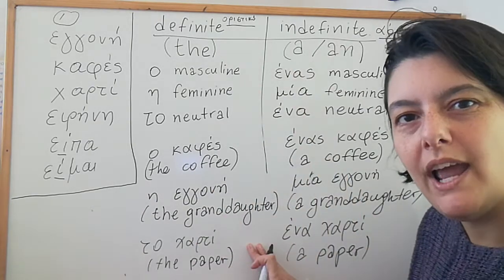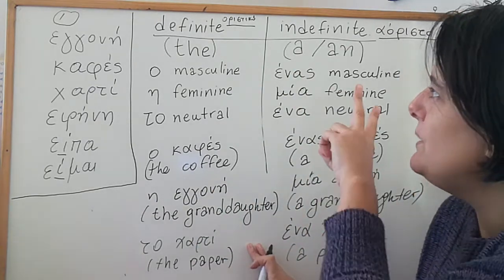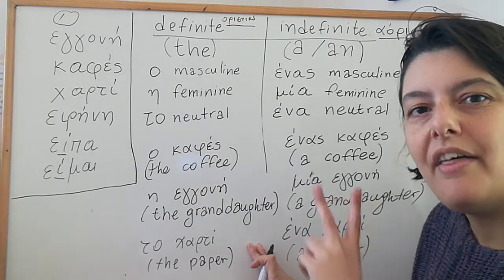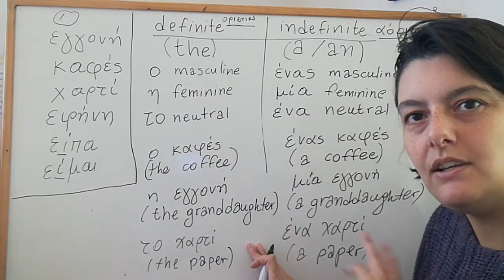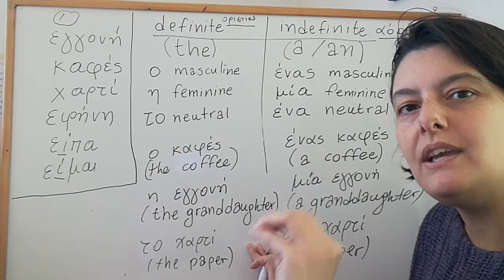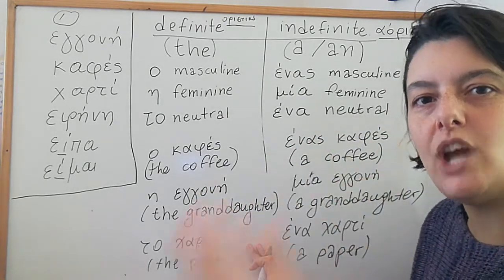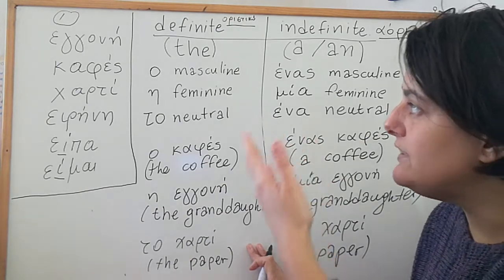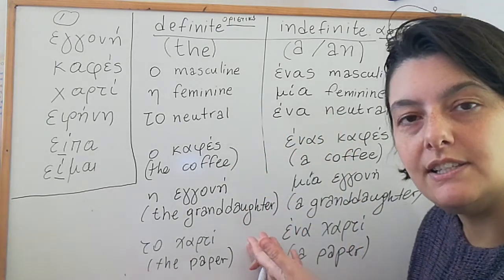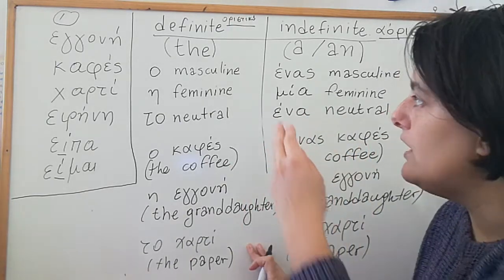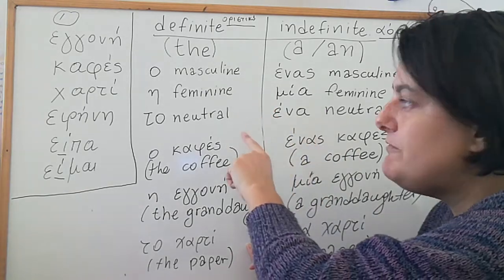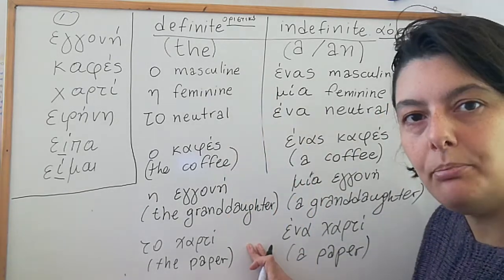So, to recapitulate the lesson, we have two types of articles, the definite and the indefinite. The definite talks about something specific, the indefinite talks about something general. The definite article and the indefinite article have a masculine, a feminine, and a neutral type.